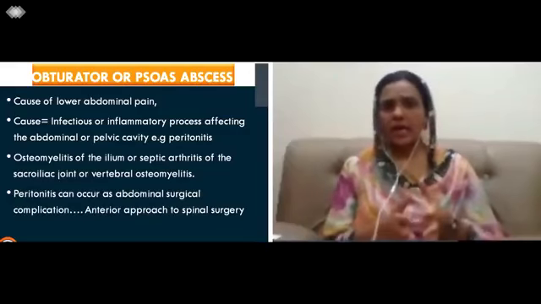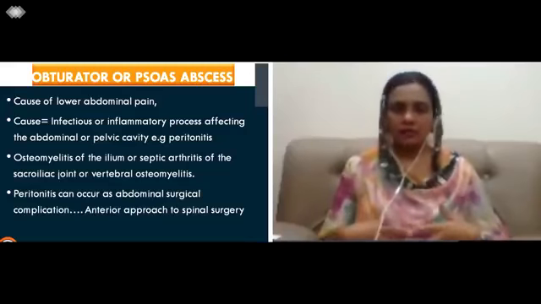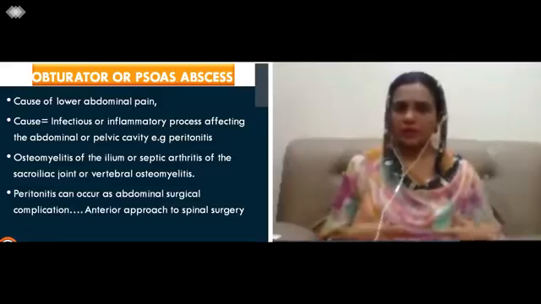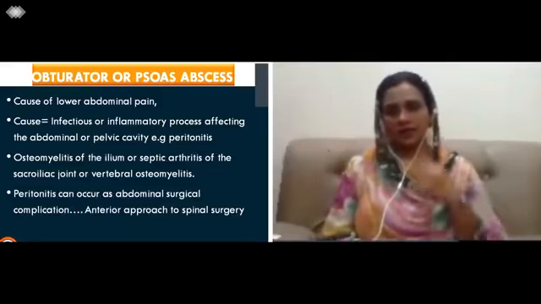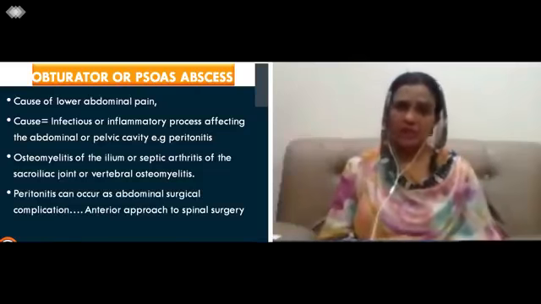On the other hand, if there is bony infection of your ilium, which is also called osteomyelitis, or septic arthritis of your ilium, your sacroiliac joint, or your vertebra, the infection can run down and can also involve obturator or psoas muscles.